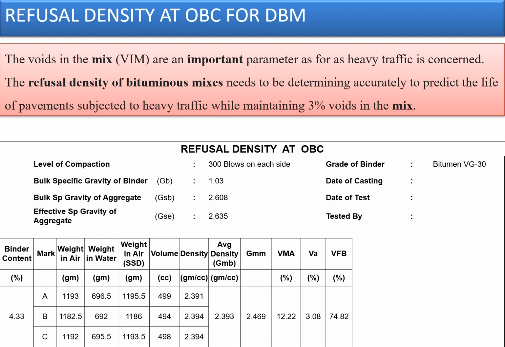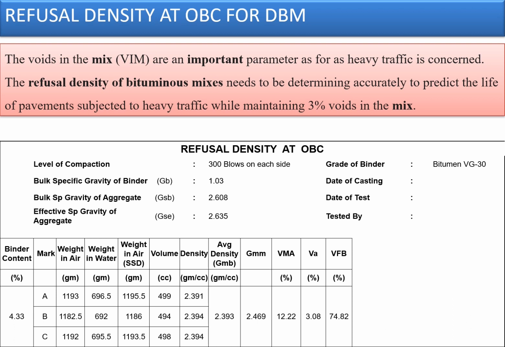So it again depends upon the MSA and the life for which you are predicting. In this particular case, you have done the refusal density at 300 blows on each side, and then you have checked the average density of the mold which is cast at 300 blows on each face.